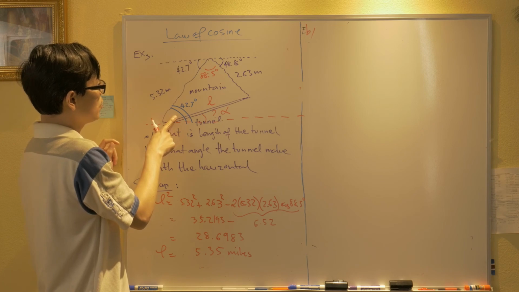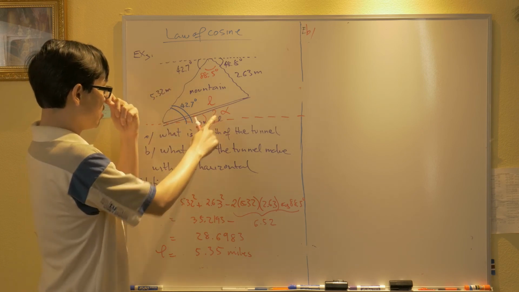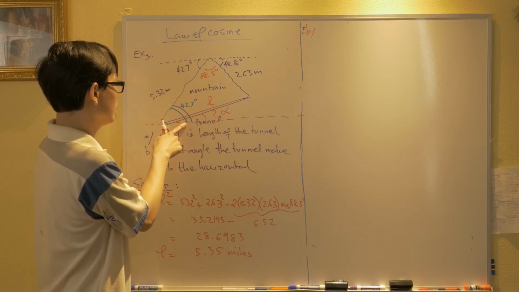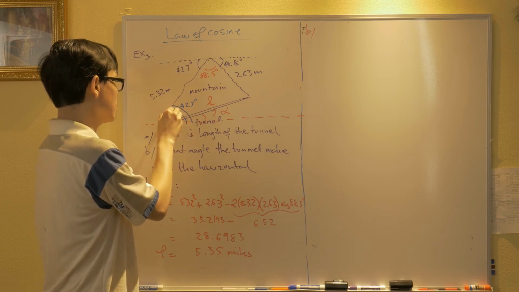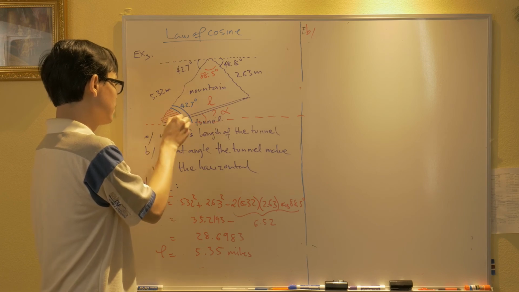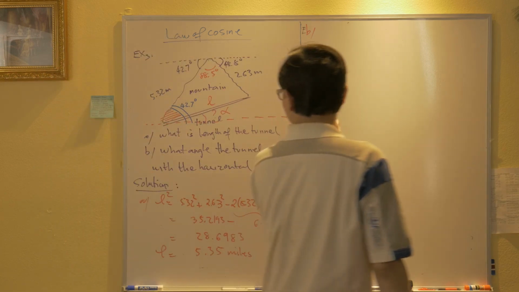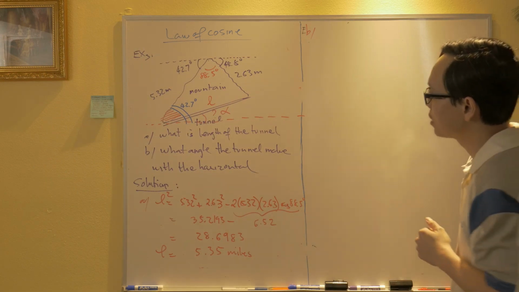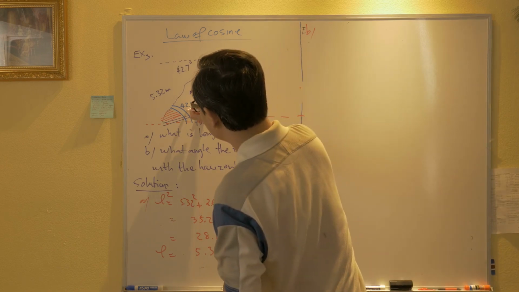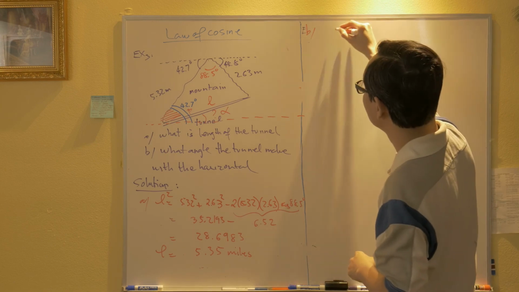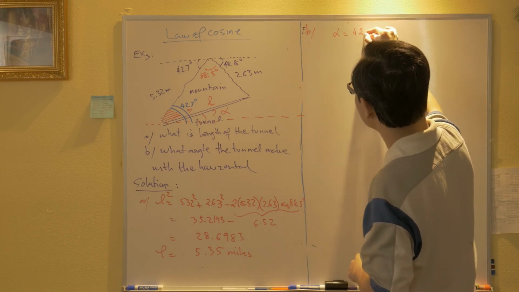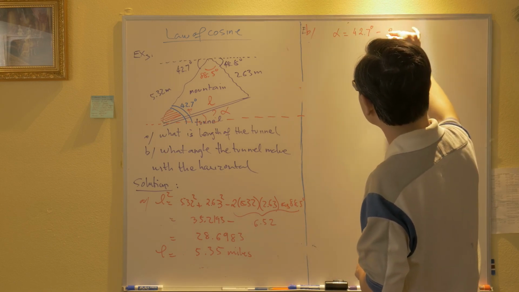So this is 42.7, 42.7. In order to find alpha, you take 42.7 and subtract the red one, which I call beta. So alpha will be 42.7 minus beta.